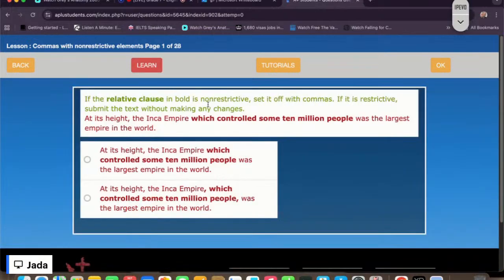So if the relative clause in bold is non-restrictive, set it off with a comma. If it is restrictive, submit the text without making any changes. So, at its height, the Inca Empire, which controlled some 10 million people, was the largest empire in the world.